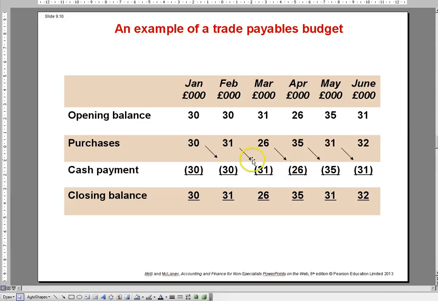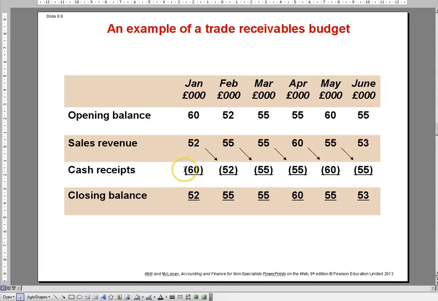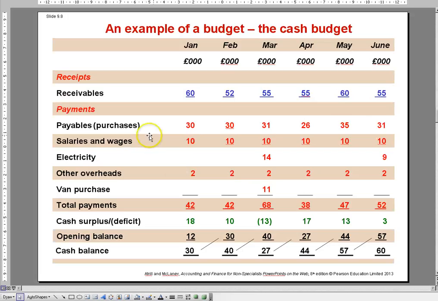Then for our purchases, you'll recognize this from the income statement. We want to know when we're actually going to pay, and here we plan to pay also a month later, which is all nice and convenient. So we agree to pay a month later, so we've got our cash payments, which are the payables line here.